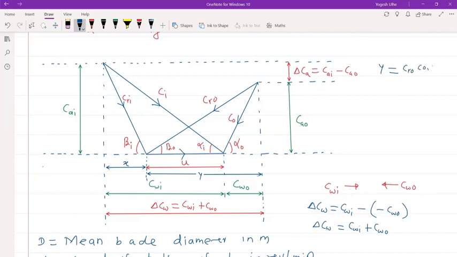One minute, guys. Understanding of this drawing is important to us, guys.